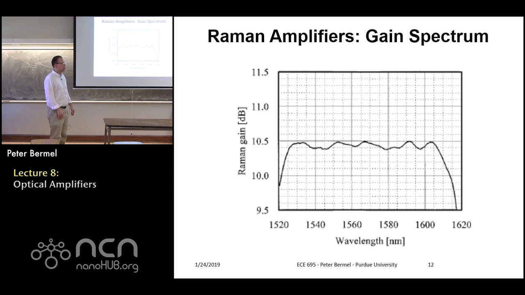And that's more than wide enough for any wavelength division multiplexing type approach, right? So that shows you that in principle, this can work pretty well. And the gain here was on the order of 10.5 dB, so more than an order of magnitude. So that's enough to make up for some significant losses in the system, right?